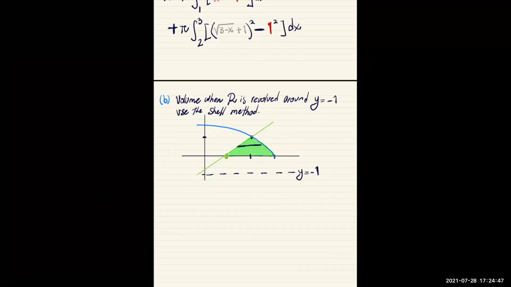So here it goes. Take a horizontal strip.